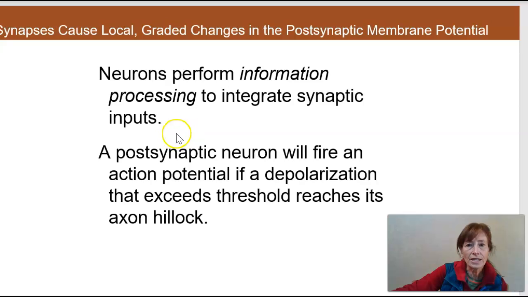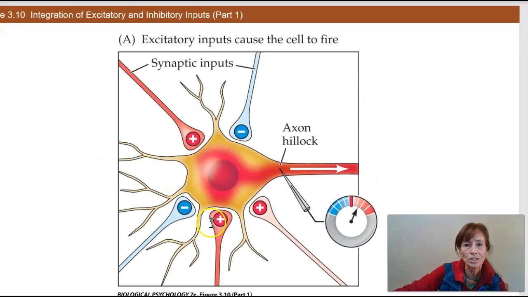So that's this idea of integration. We have to integrate. That's the role of the axon hillock, to integrate the information that's coming in from all these different neurons and then determine whether or not threshold is reached.